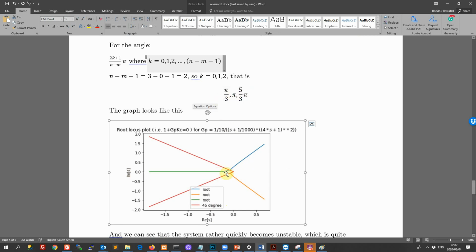And then from the center of gravity, right, minus 0.167. So that's somewhere around there. And so if you apply the angles 60 degrees there, minus 60 degrees there, so those are the asymptotes that you're going to get.